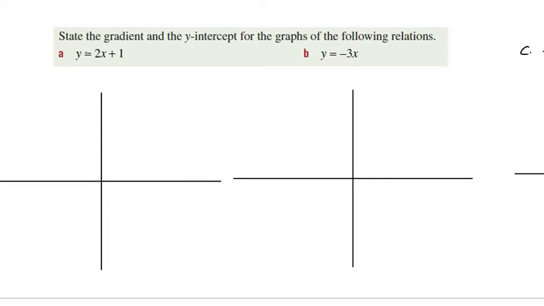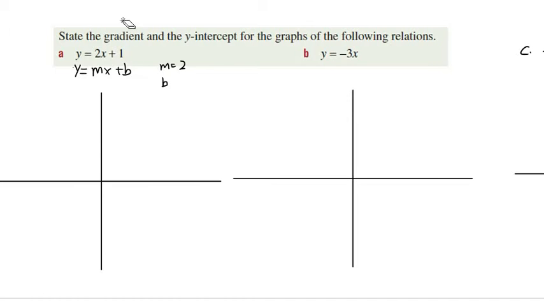Now, our first one is a pretty standard equation format. If y equals 2x plus 1, then we can compare it with y equals mx plus b. If we compare the two equations, the coefficient that x is multiplied by is 2, so m equals 2. And the constant that was added to the x term is 1.